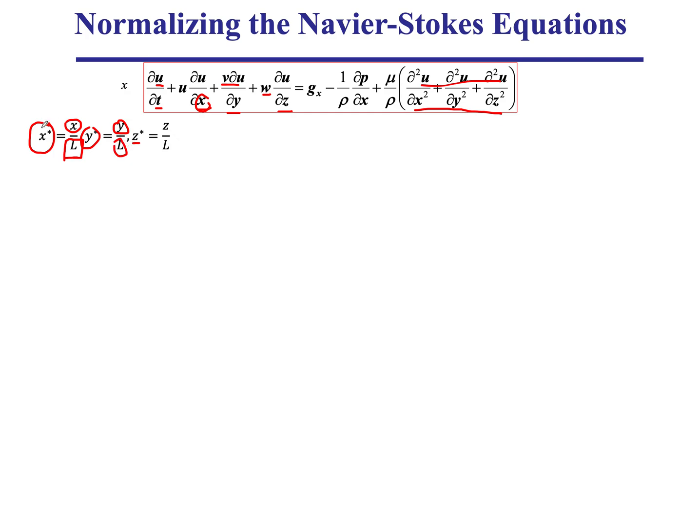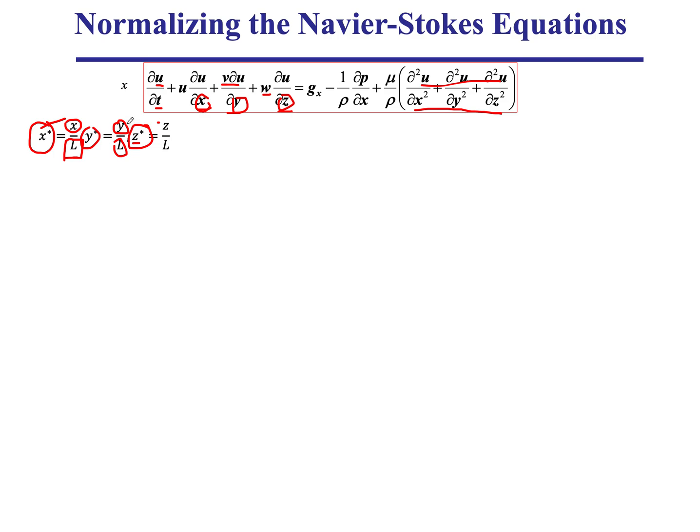And then I'm going to take them and plug them here into the x, y, the x. So we'll talk about that in a second. So that's for the x, y, and z, the independent variables. We have defined a new set of independent variables that are unitless, x star, y star, and z star.